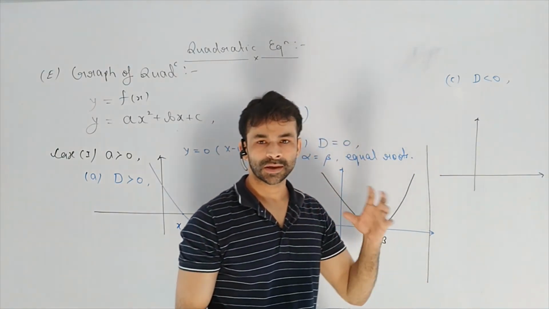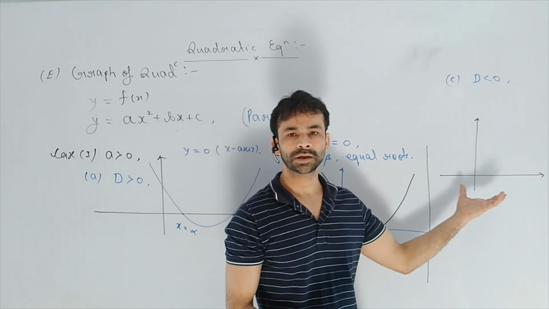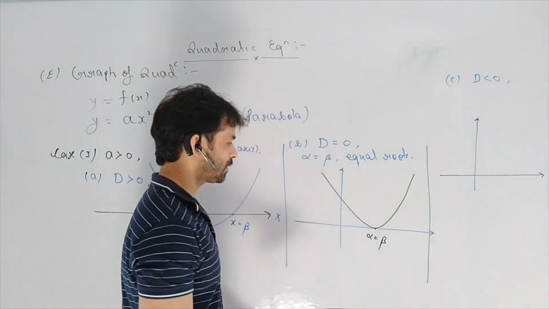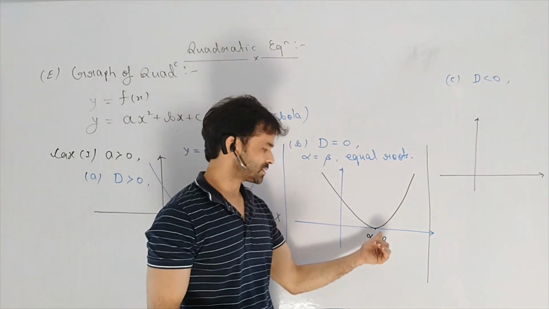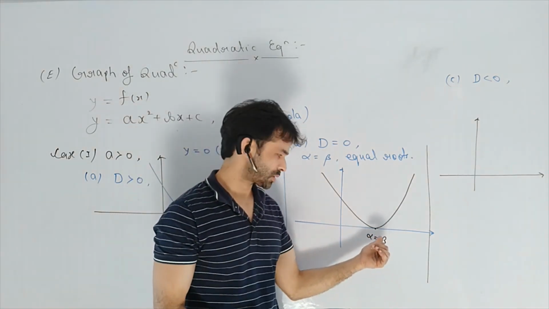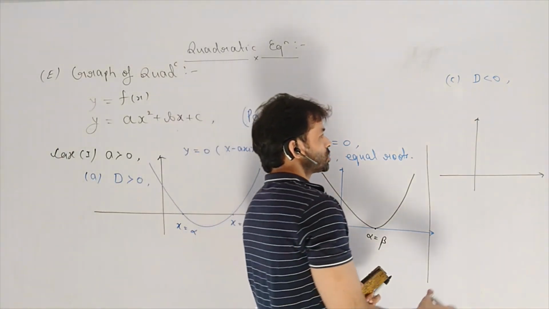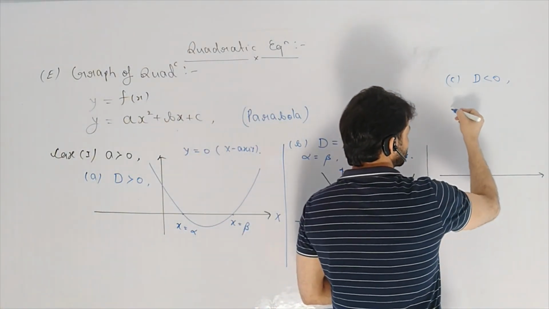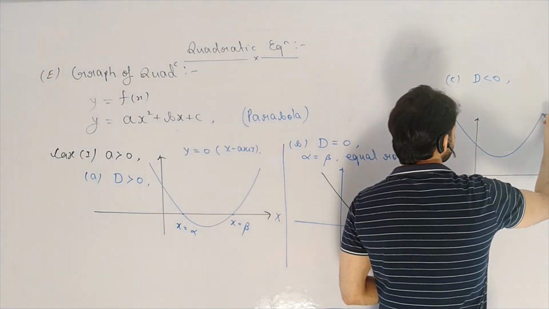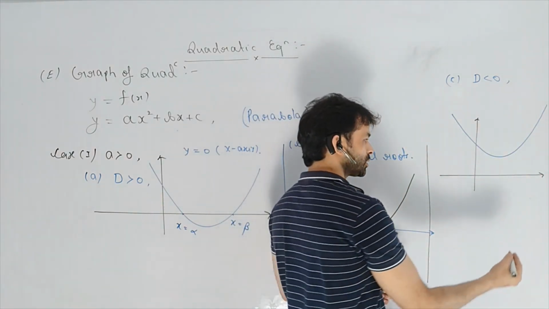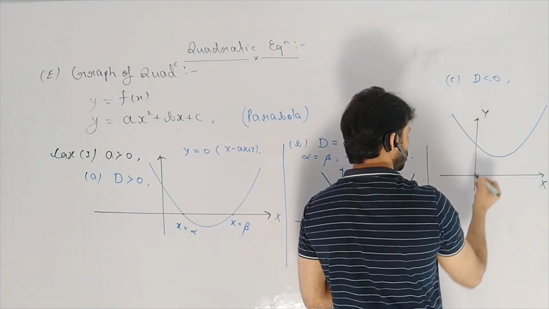There is no root means it cannot cut the x-axis. If it cut the x-axis, there would be roots, whether equal or unequal. So now the parabola will be like this. It won't cut the x-axis because this has no real roots.